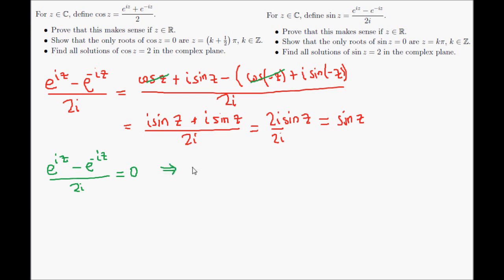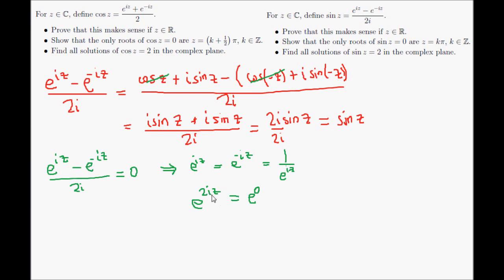That implies that e to the iz must be equal to e to the negative iz, which is the same thing as 1 over e to the iz. So multiplying up, we get that e to the 2iz is equal to 1, which is e to the 0.